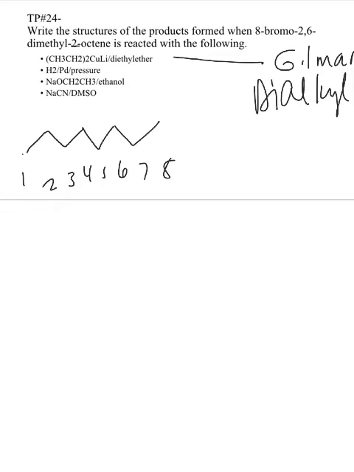And the 2 means the octene is right here. That's your double bond on the 2 carbon. And 2,6-dimethyl. So we'll put a methyl on the 2. And then we're going to come over here on the 6 carbon and put a methyl. And then 8-bromo. So we're going to put a bromo here.